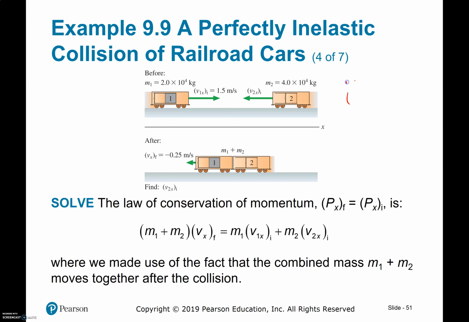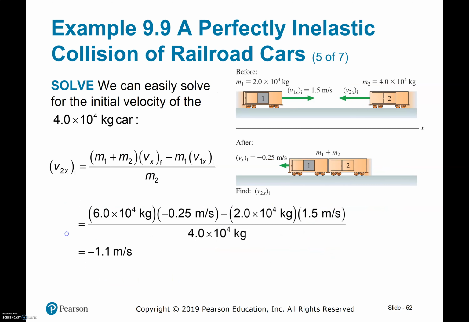So we have initial and final. Initially, what do we have? We have the mass of 1 times velocity of 1 initially, plus the mass of 2 times velocity of 2. This is what we want. After the collision, we have the two masses combined times one velocity.